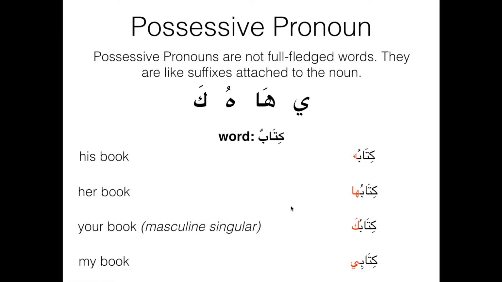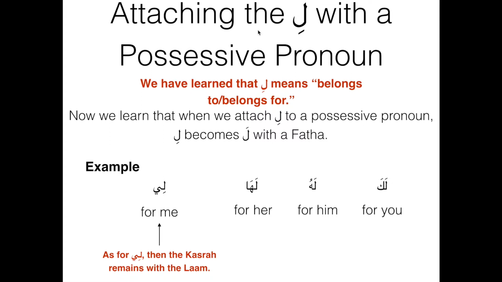Kitabi, my book. So when you attach the lam with a kasra to a possessive pronoun, what happens? We've seen that when we add the lam with a kasra, this basically means belongs to. But when you attach it to the kaf or the ha with the alif, it becomes a fatha.